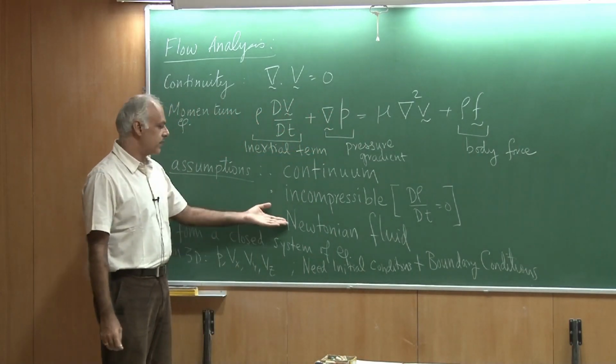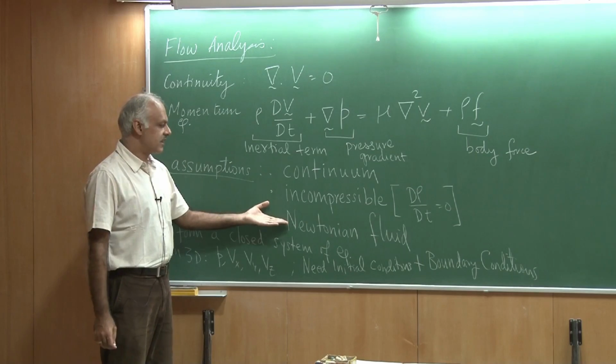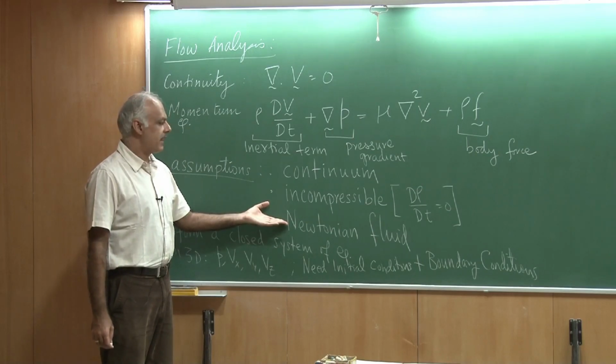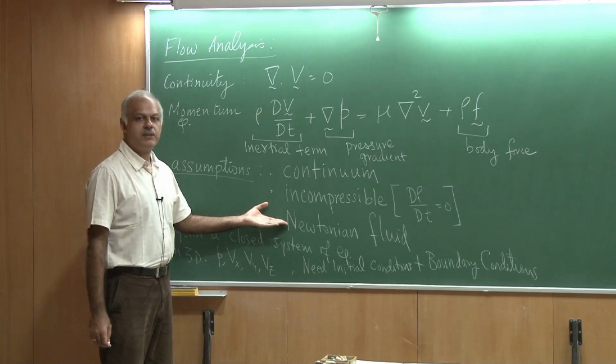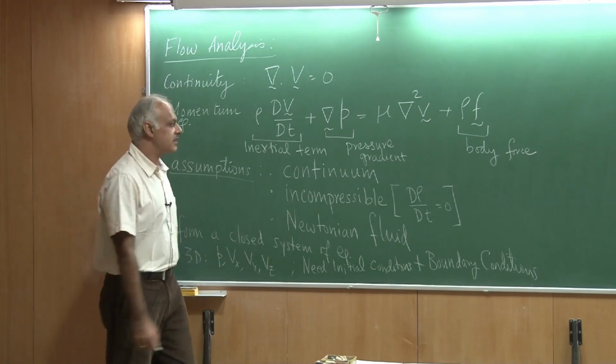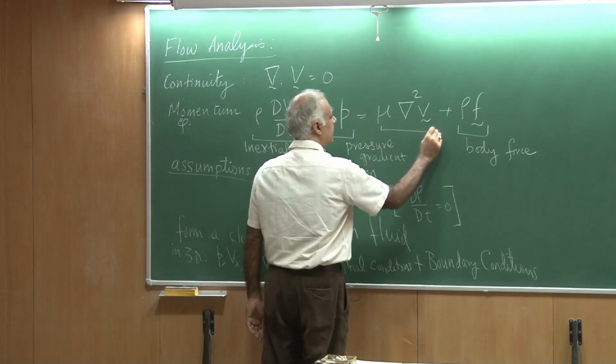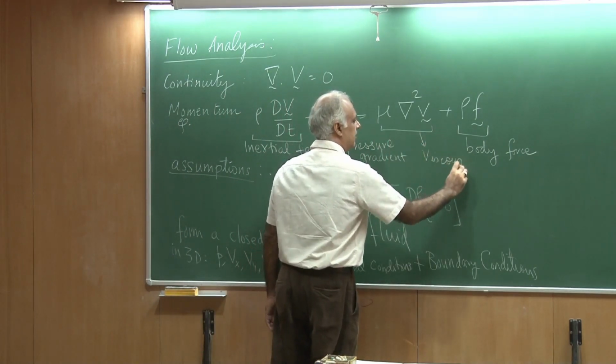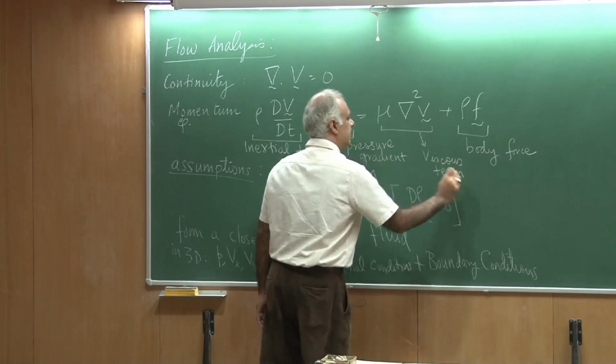For a Newtonian fluid, we said the stress is related to pressure, and then also the symmetric part of the gradient of the velocity field, which actually comes up as the viscous term.